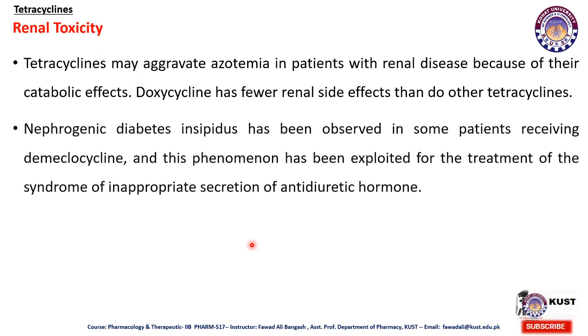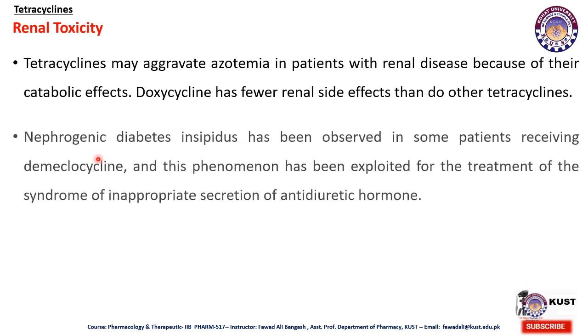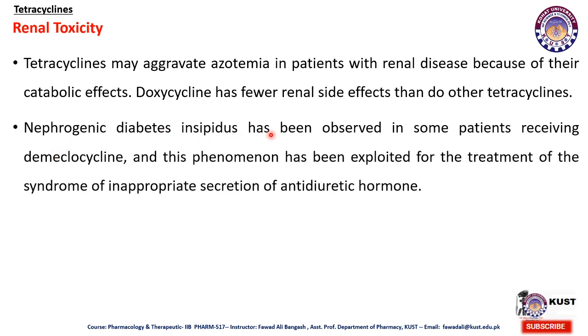Renal toxicity. Tetracycline may aggravate azotemia in patients with renal disease because of its catabolic effect. Doxycycline has fewer renal side effects than other tetracyclines. Nephrogenic diabetes insipidus has been observed in some patients receiving demeclocycline, and this phenomenon has been exploited for the treatment of the syndrome of inappropriate secretion of antidiuretic hormone.